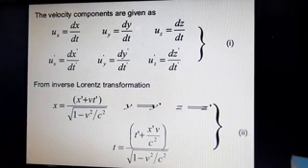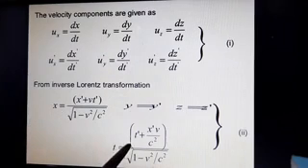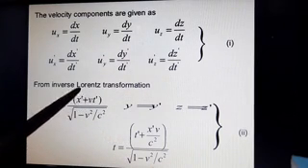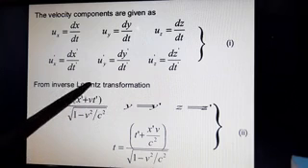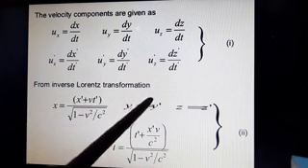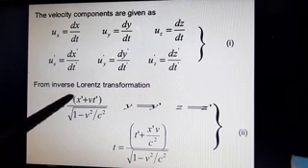I am using the inverse Lorentz transformation equations of space and time, but it is not compulsory. We can prove this formula by direct equations also. If we use direct equations, then we will get the same answer, that is, direct equations of velocities. But I am using inverse equations here, so I will get the inverse velocity equations.